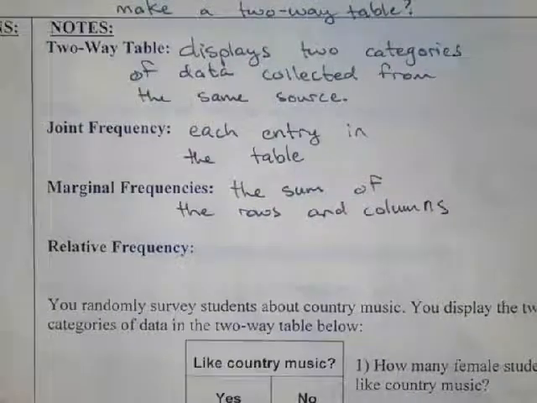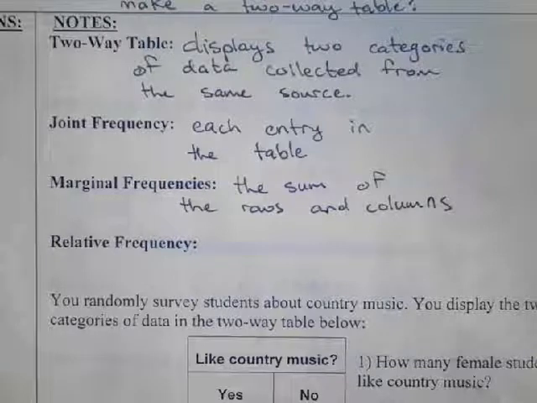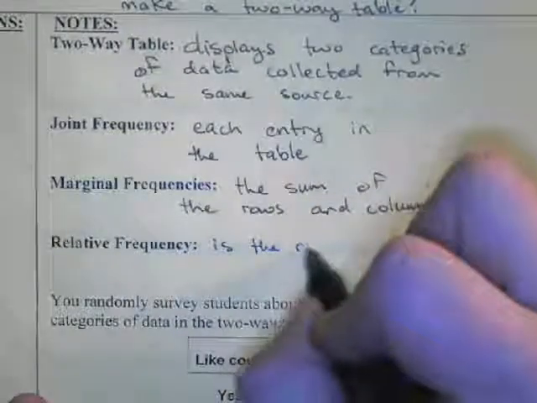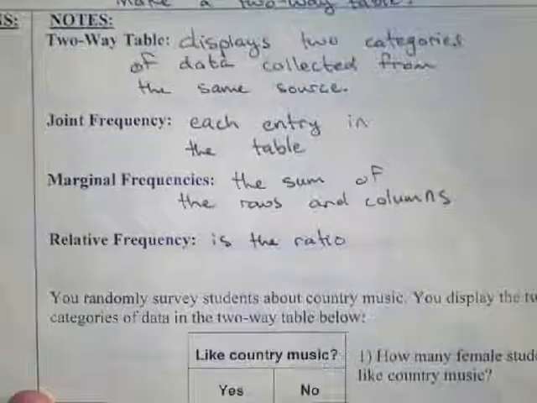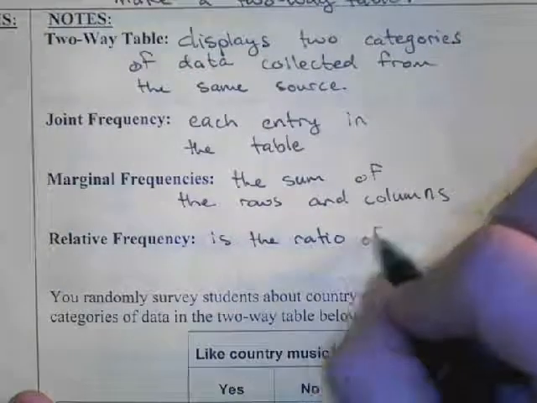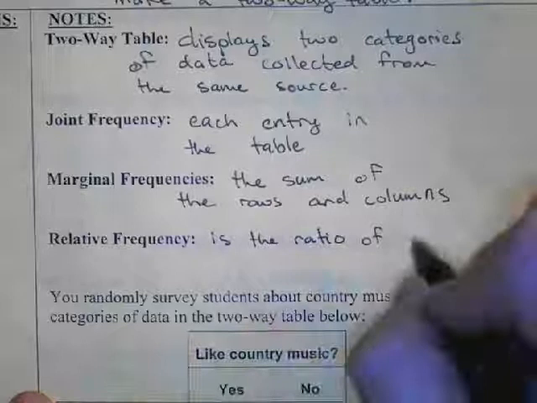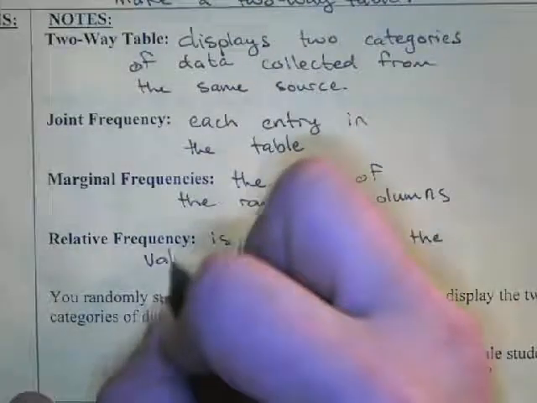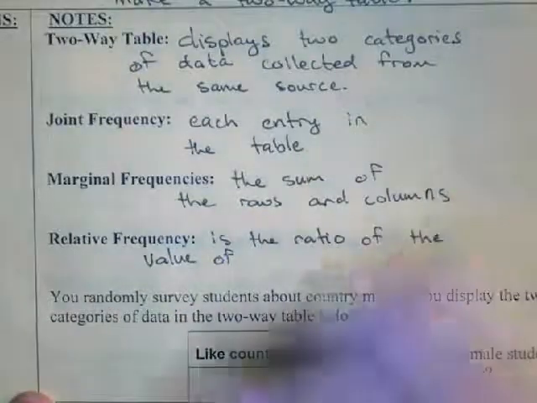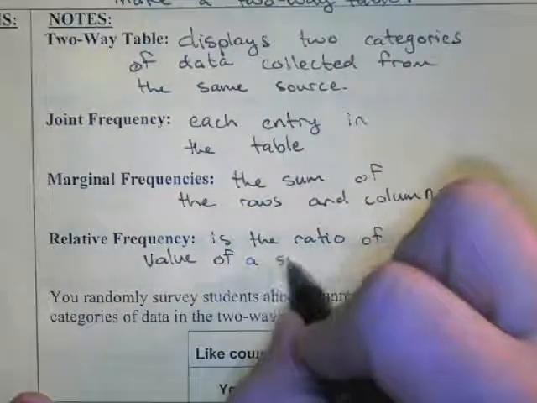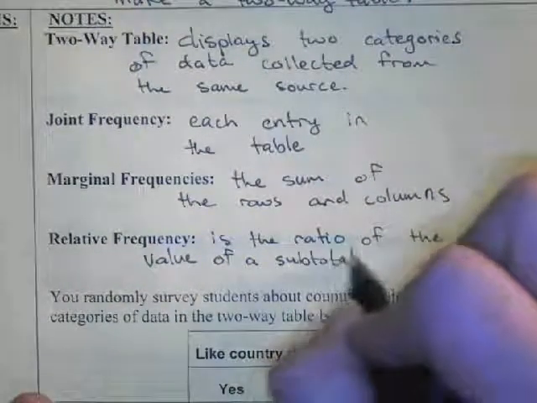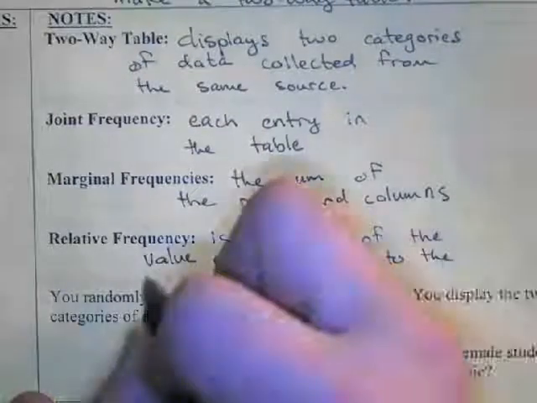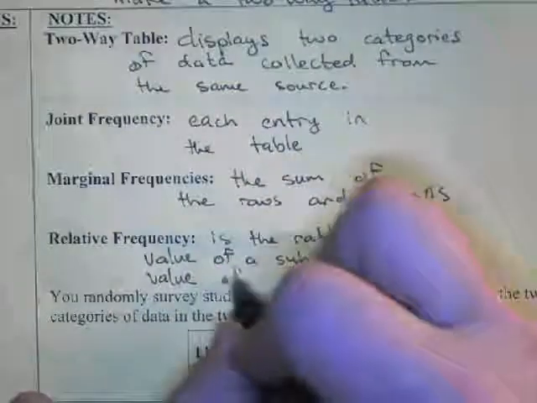And relative frequency is a ratio of the value of a subtotal to the value of the total.